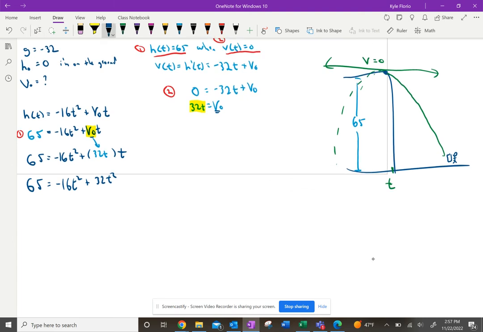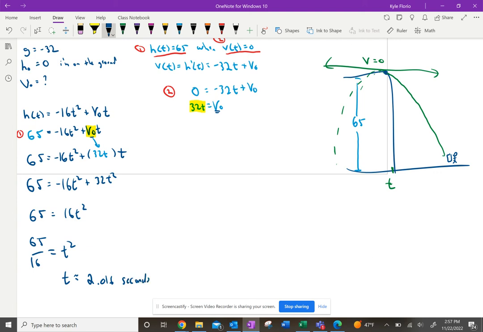Negative 16t squared plus 32t squared are like terms. That's just positive 16t squared. So divide both sides by 16 and take the square root of both sides. We should get t is about plus or minus, but again, we're only going to need the positive one, 2.016 seconds.